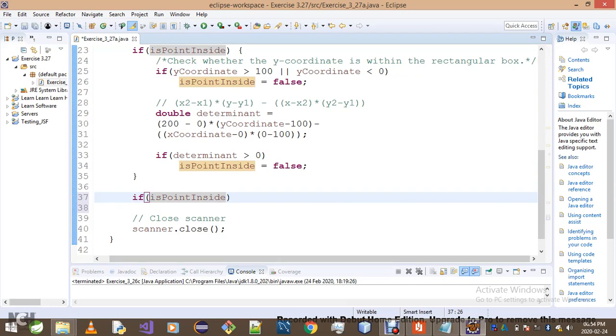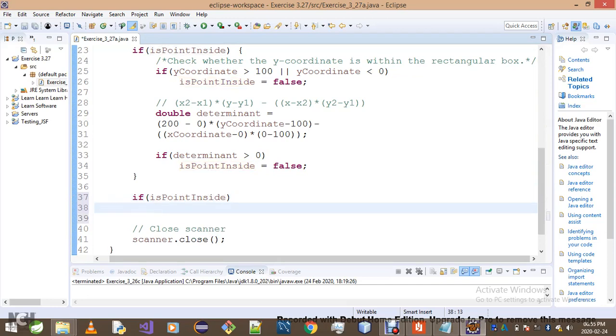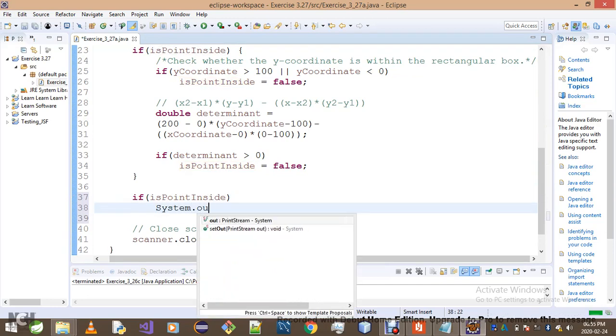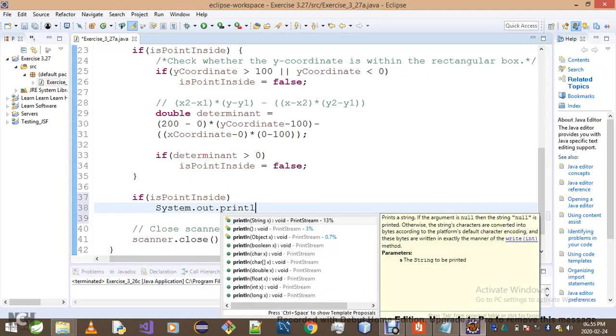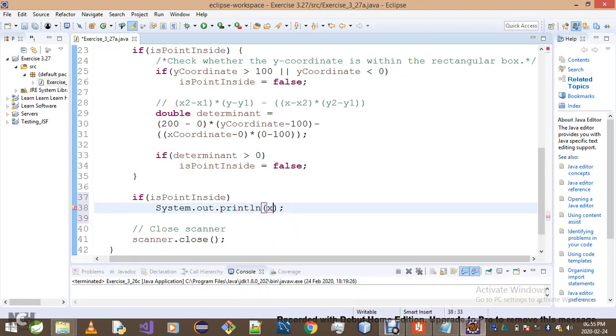Simply say if point is inside, then simply go System.out.print the point is in the triangle, otherwise it's not.